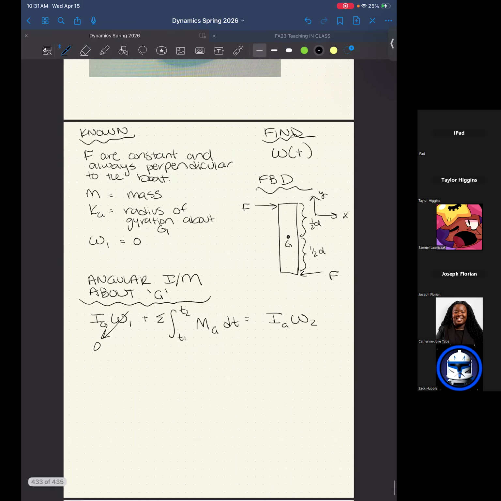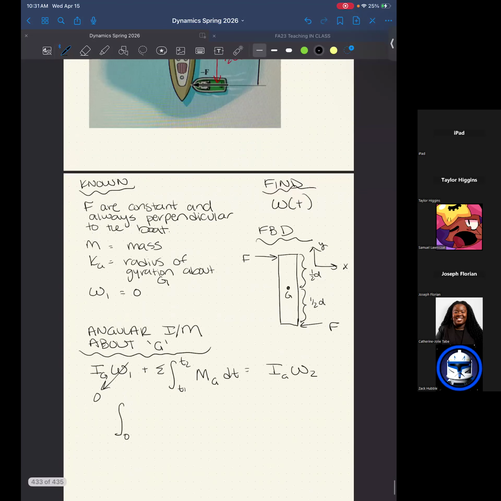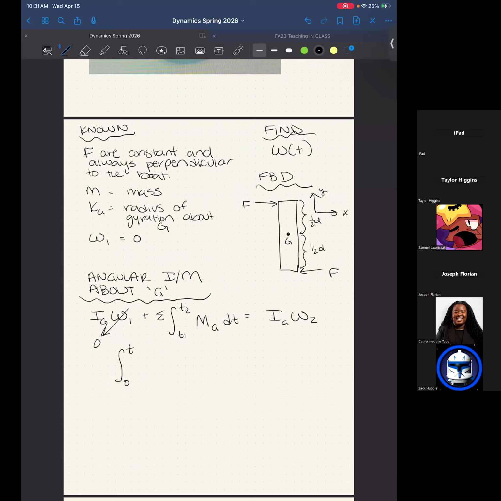All right, moments, we're going to have F times 1/2 d in the minus z direction. I'm going to write this as 0 to t, so we keep t in the equation. So minus F times 1/2 d, and then we're going to have another minus F times 1/2 d equals kg squared m omega 2.